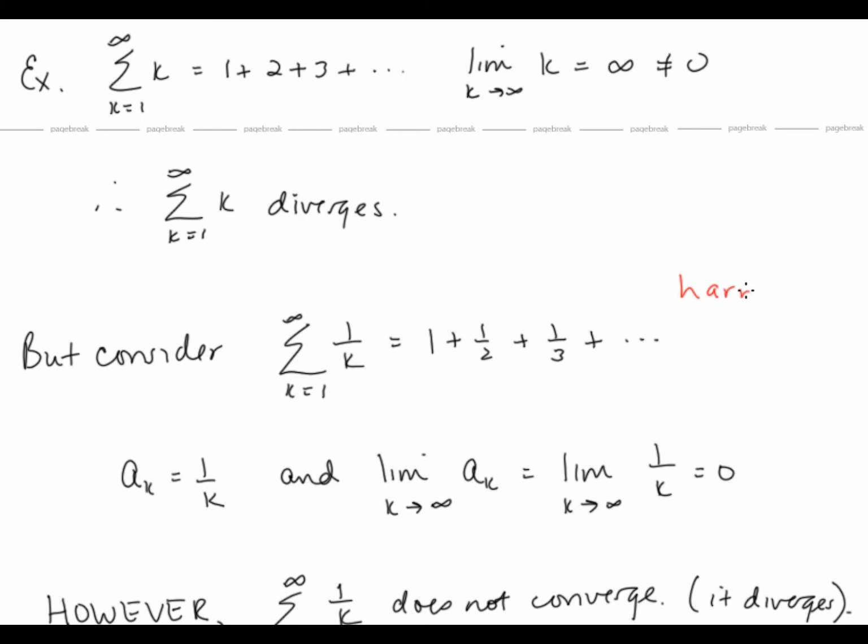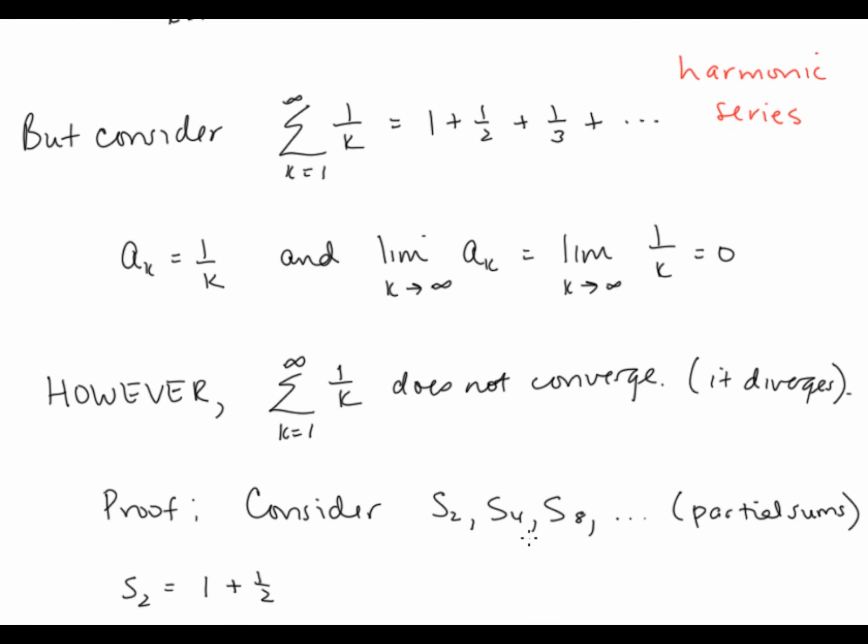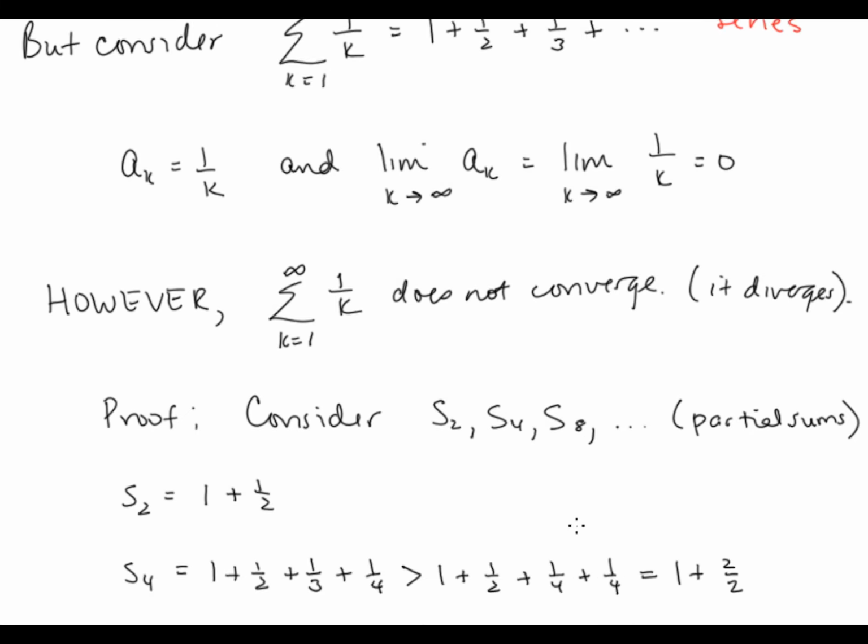This is the harmonic series. We can see that the limit of the terms goes to 0, but we're going to prove that this series does not converge. And to do that, we're going to consider the partial sums S2, S4, S8.